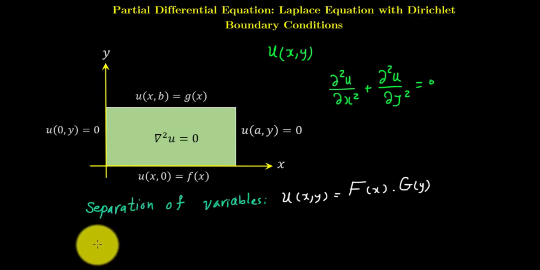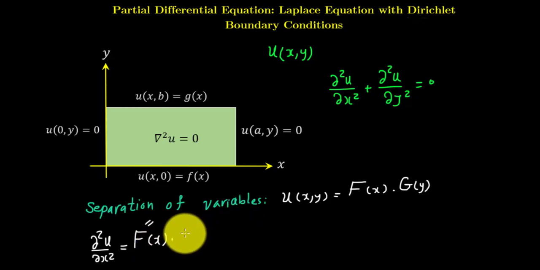So the second derivative of u with respect to x would be equal to, well, g of y would act as a constant because we are taking the partial with respect to x. So the first derivative would be f prime times g, and the second derivative is f double prime of x times g of y.